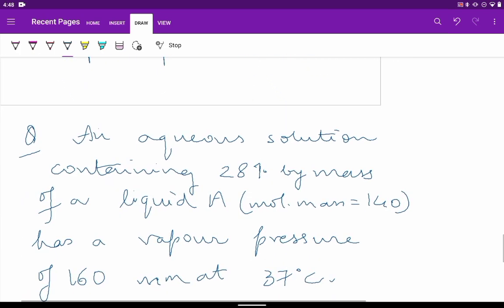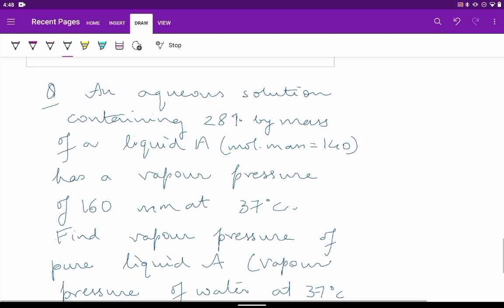Now related to this topic, we can go through one numerical.